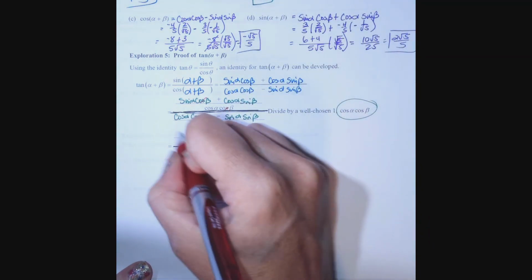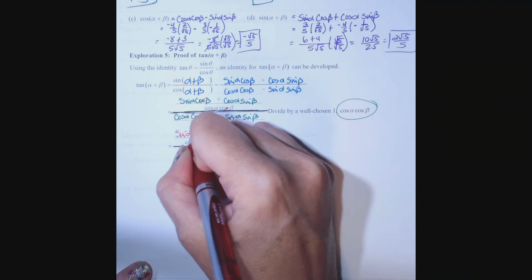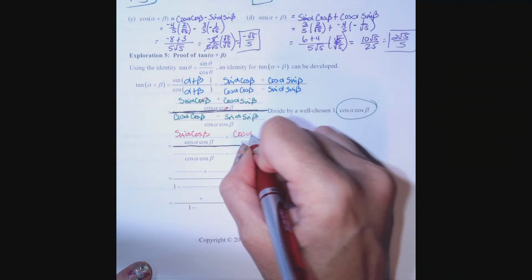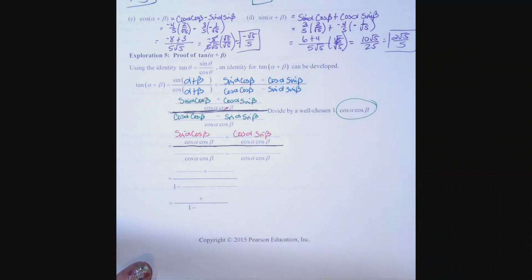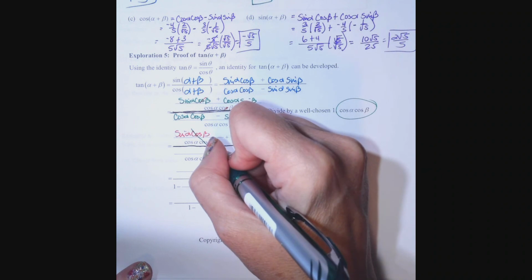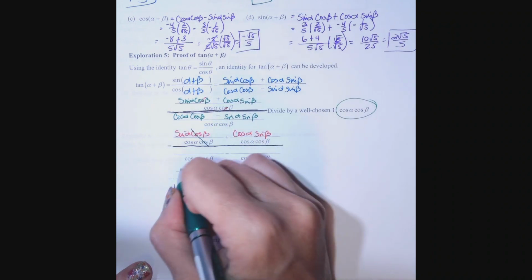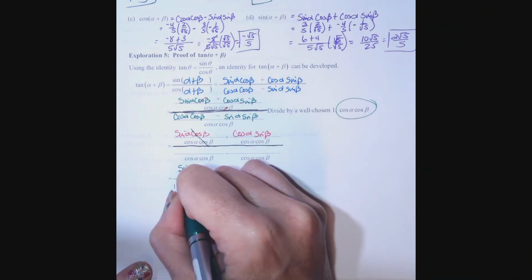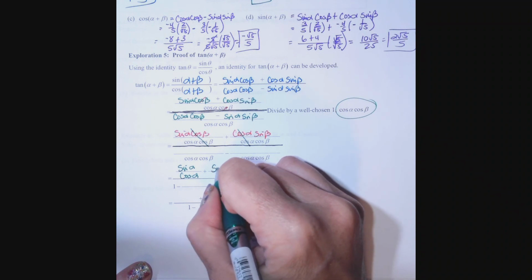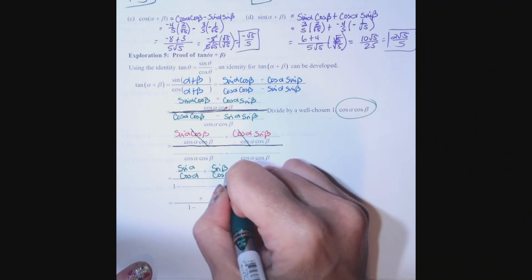Let's go ahead and write it down though. Sine alpha cosine beta. So we split our numerator into two separate pieces. Now I'm going to look at those two separate pieces just of the numerator, and I see that my cosine betas cancel. So this first term in the numerator is sine alpha over cosine alpha. And the second term in my numerator is sine beta over cosine beta.